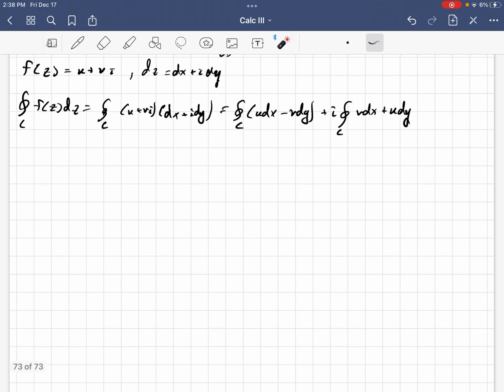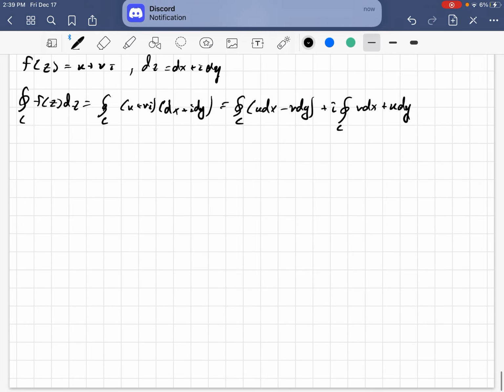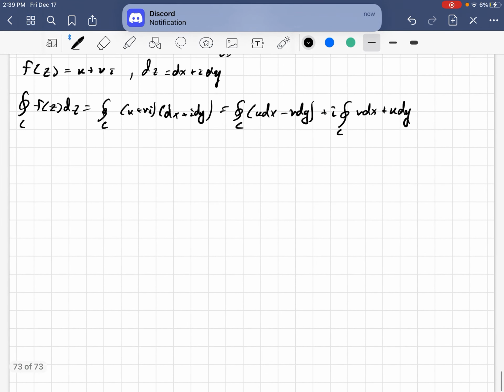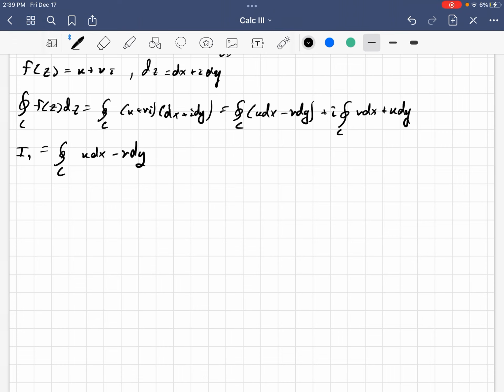Now we're going to deal with these two integrals here and show that each one of them evaluates to 0. So the first integral, I1, is the contour integral over C of u dx minus v dy. And the second integral is the contour integral over C of v dx plus u dy.